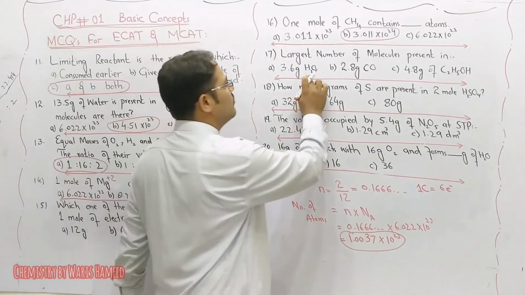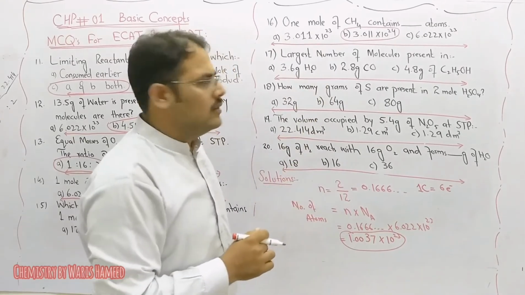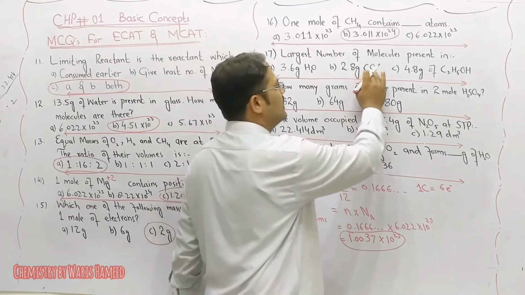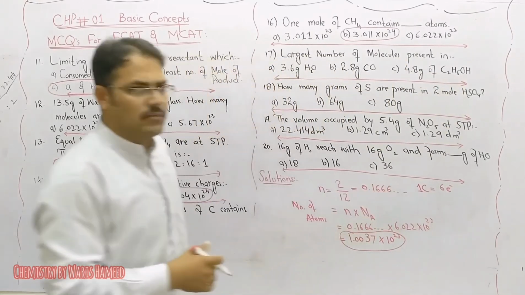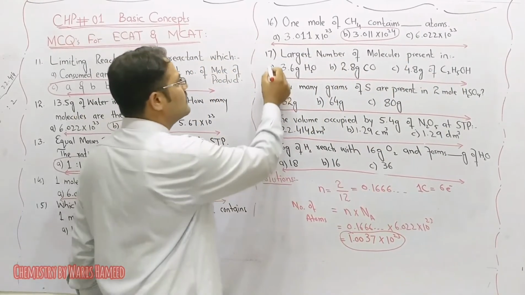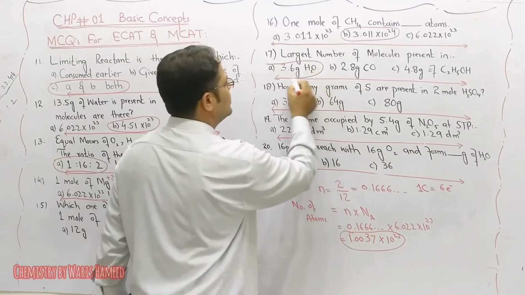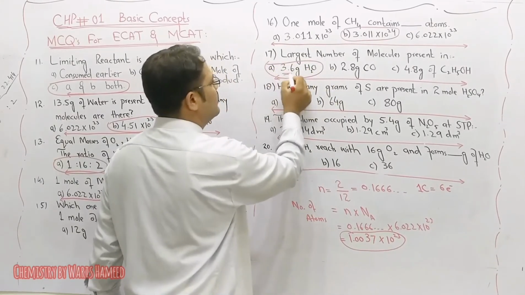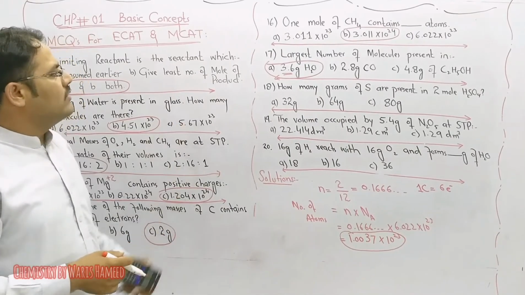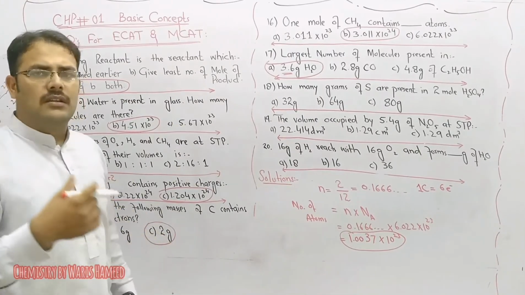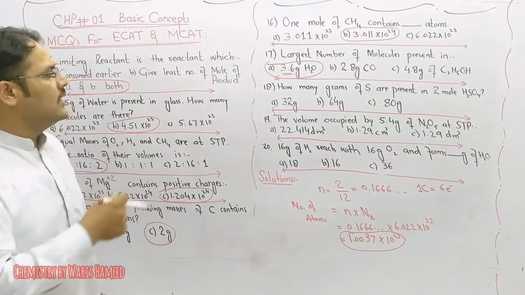In this case, water has 18, carbon monoxide has 28, and it will have the larger molar mass. So water is the compound which has lesser molar mass, so it will have the largest number of molecules present in it.